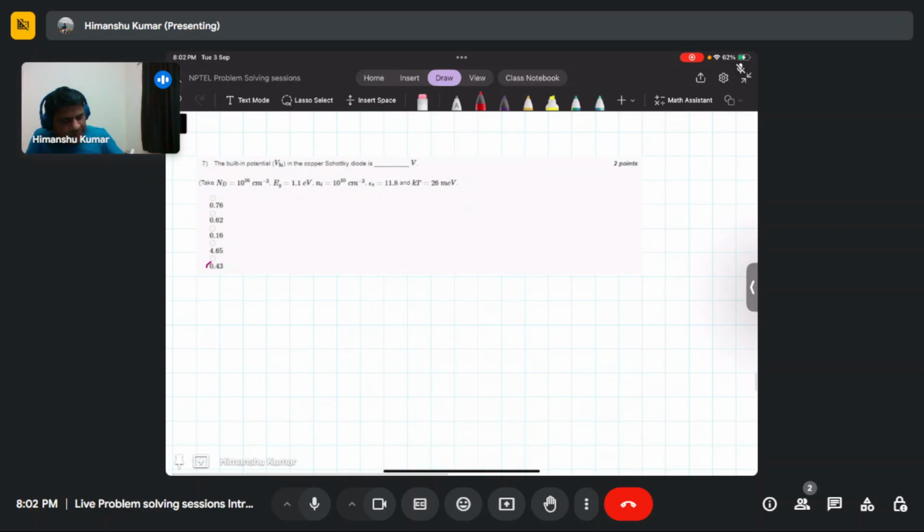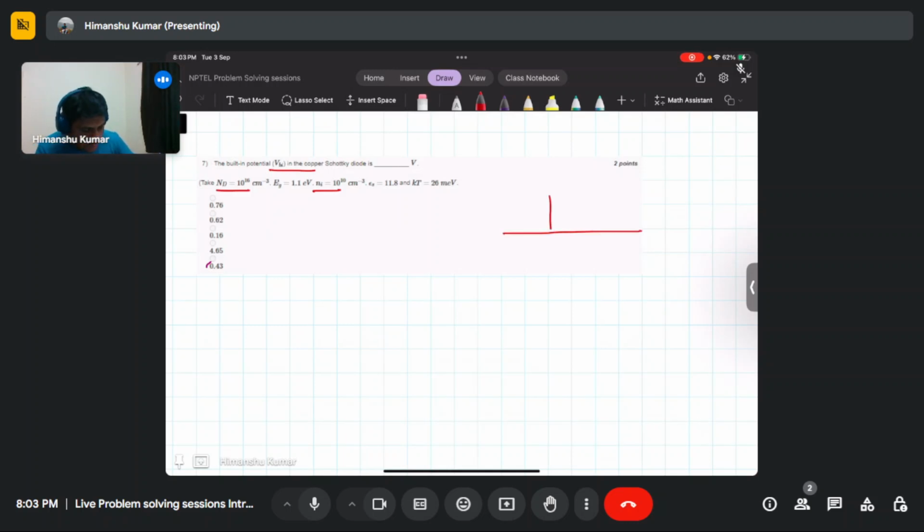The next question asks for the built-in potential in the copper Schottky diode. Nd is 10 power 16, and ni is 10 power 10. To calculate the built-in voltage, you need to draw the equilibrium band diagram.